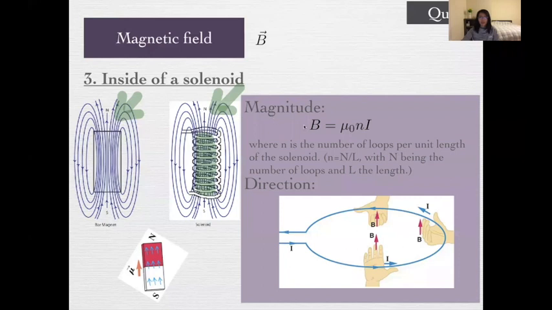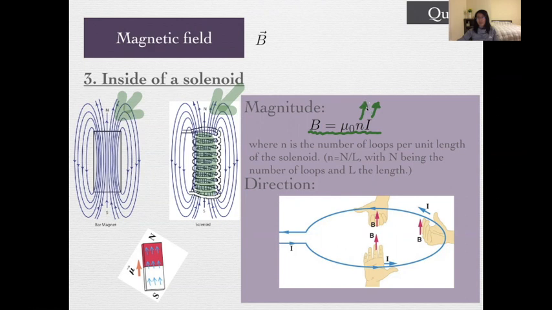So the magnetic field inside the solenoid will be uniform, and its magnitude is described by mu naught n I. First, if you have a stronger current I, you will create a stronger field. That makes sense.